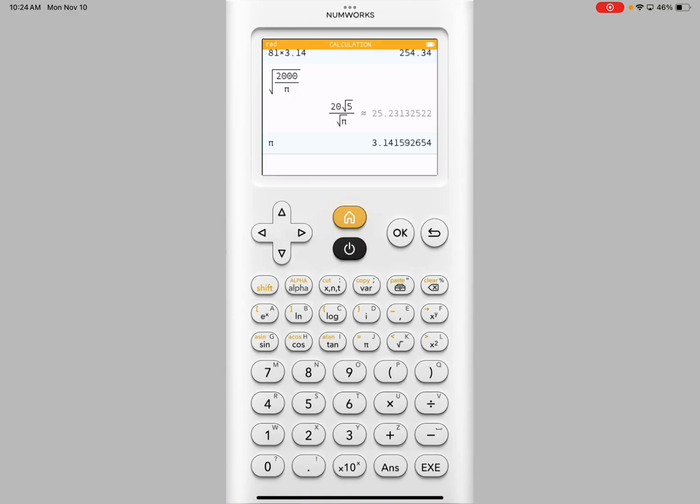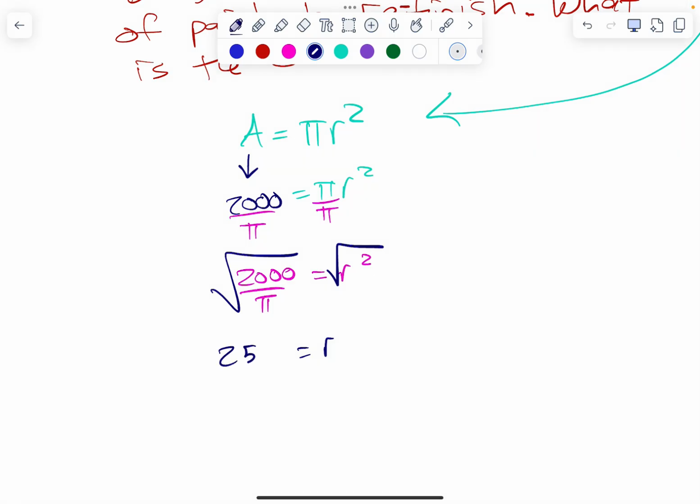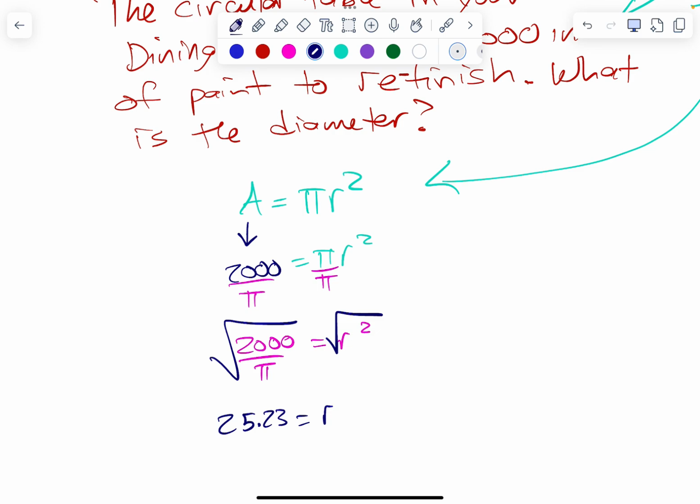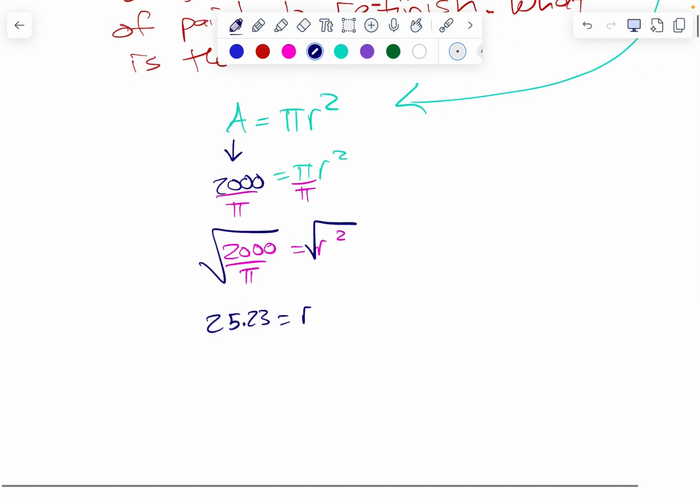So it's a little bit more accurate. It's not tremendously different. But anyway, 25.23. The question actually asked for the diameter. We're going to finish. 25.23, what's the diameter though?